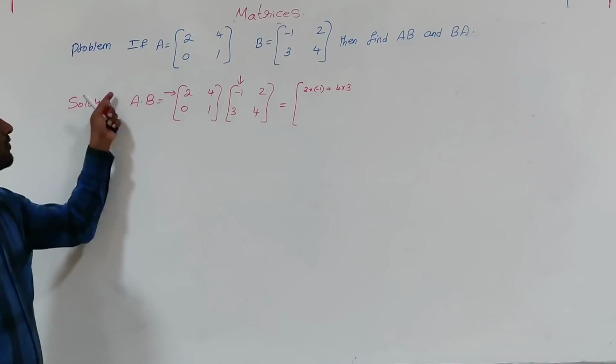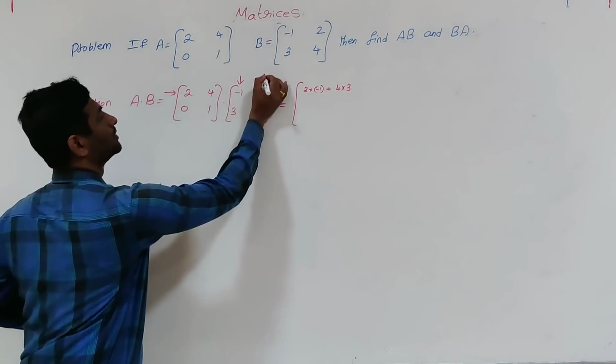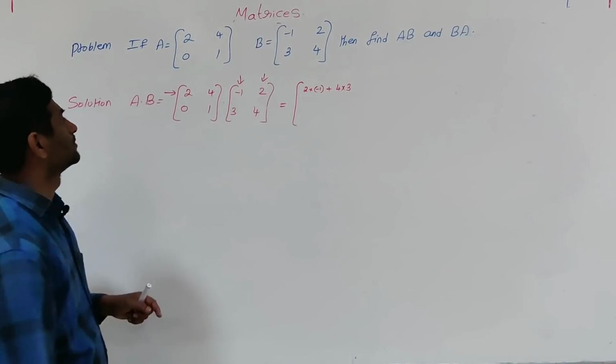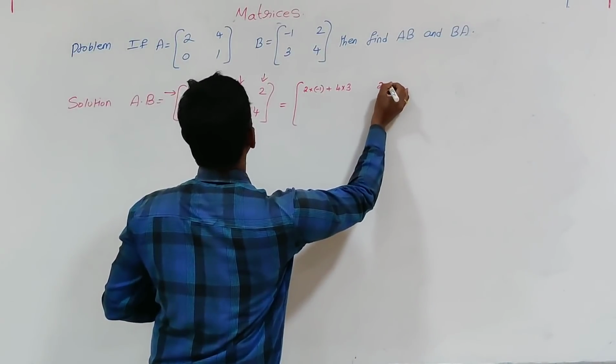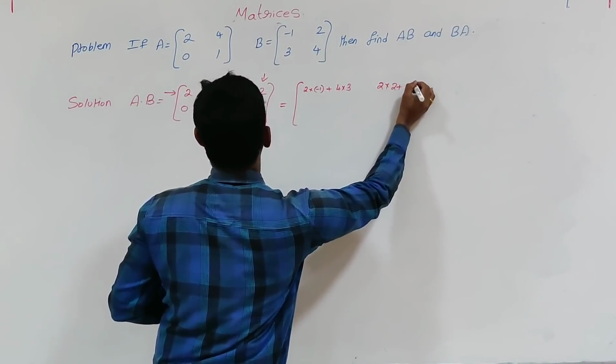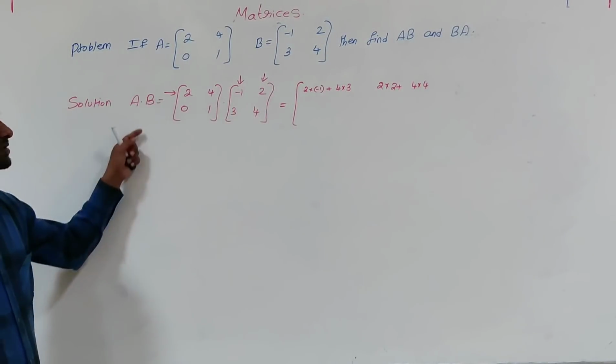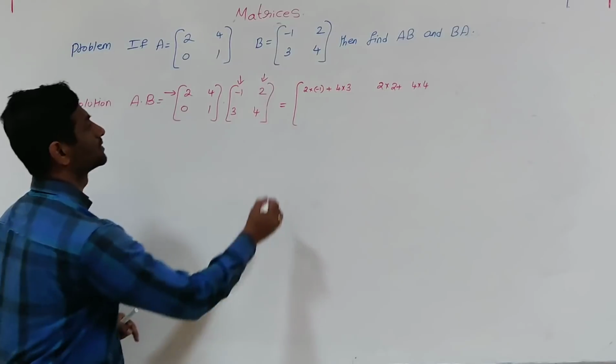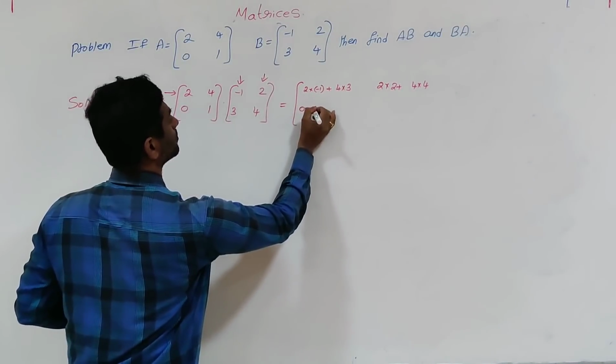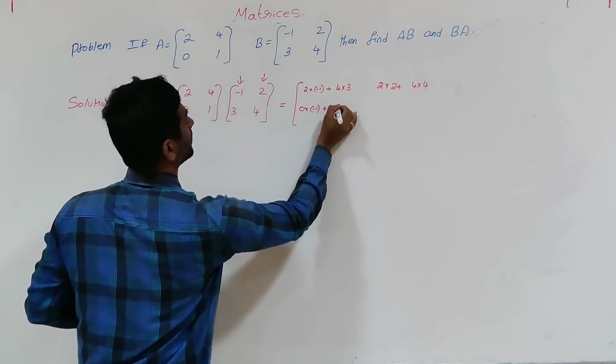Next, first row with second column elements: 2 into 2 plus 4 into 4. Next, second row with first column elements: 0 into -1 plus 1 into 3.